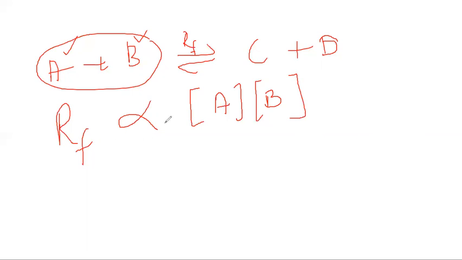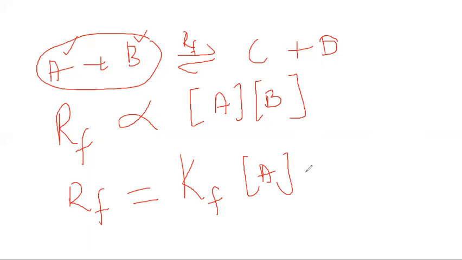If I want to remove this sign of proportionality, then I can write the rate of forward reaction is equal to constant K. This is the equilibrium constant, the constant of the forward reaction, times the concentration of A plus B. I said the product of active masses.